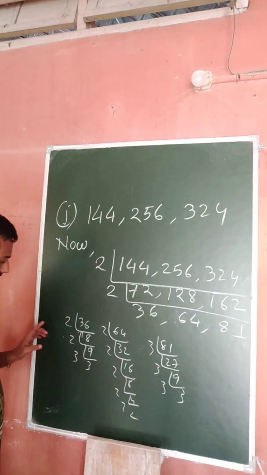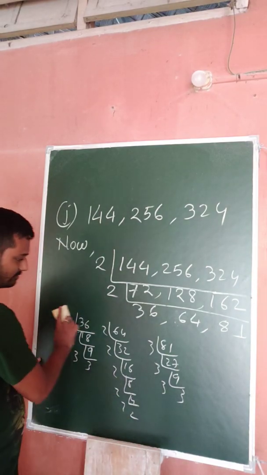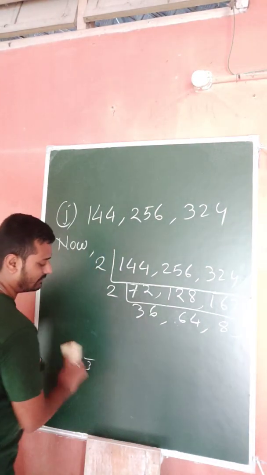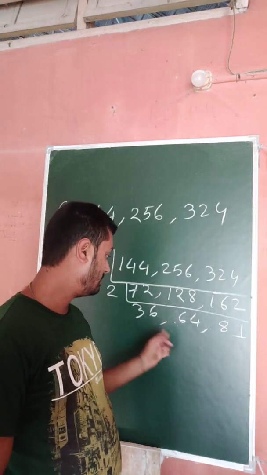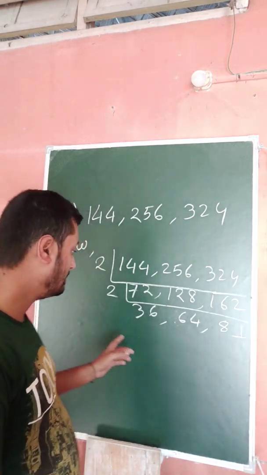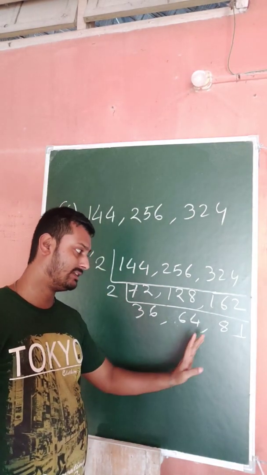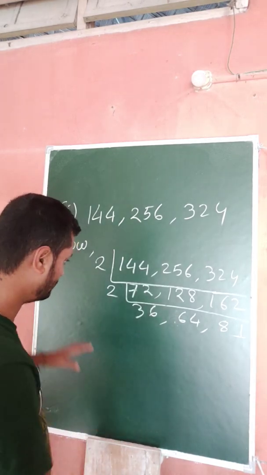So in this case there will be no other common factor. The prime factors of 64 are only 2, and of 81 only 3. That means 36, 64 and 81 have no common factor except 1. That means the process will stop here.